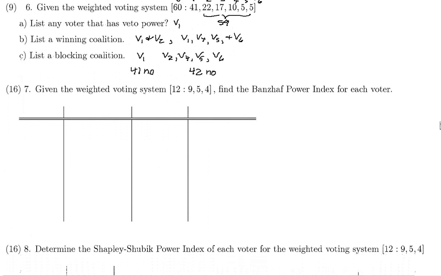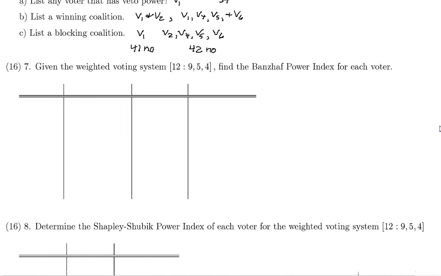Okay, and now we're up to Banzhaf, the old Banzhaf power index. So remember, there's 4 headings. You just have to remember your headings for Banzhaf power index. First, you list your different coalitions here.